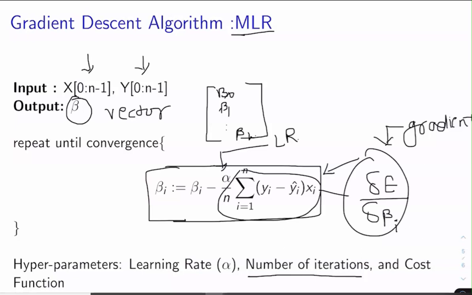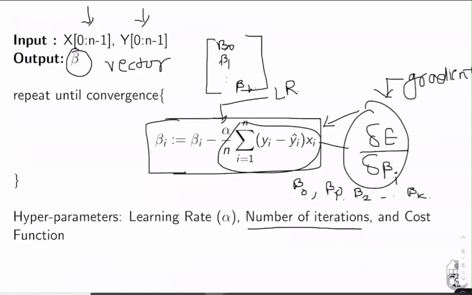In each iteration it calculates guesses for beta 0, beta 1, beta 2 up to beta k, and the loop converges when the accurate betas have been calculated.